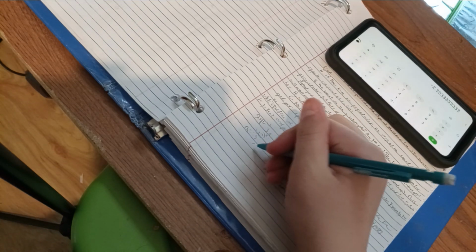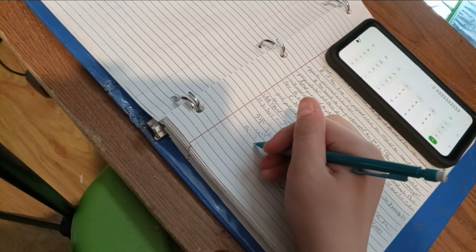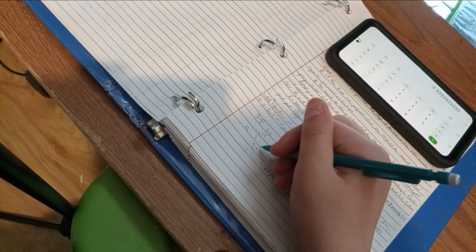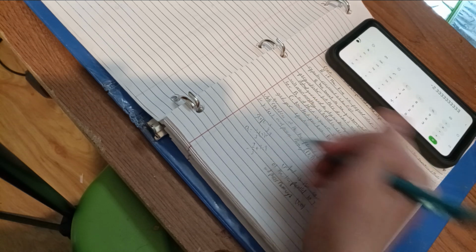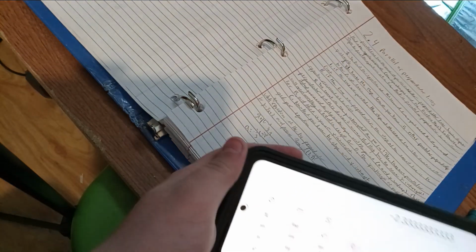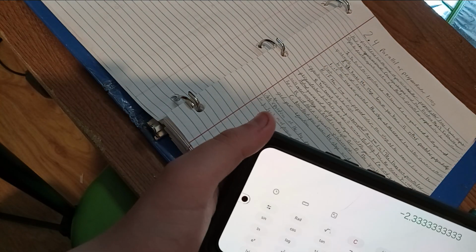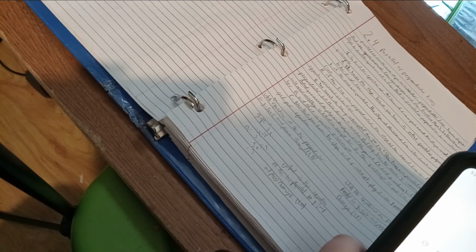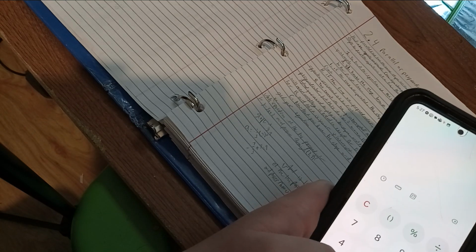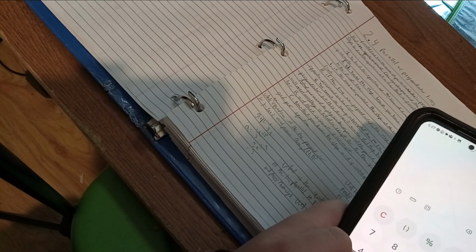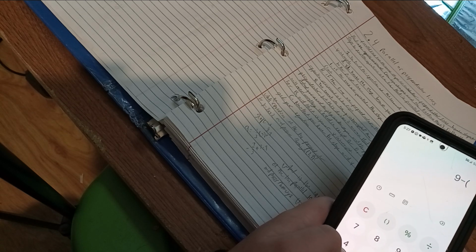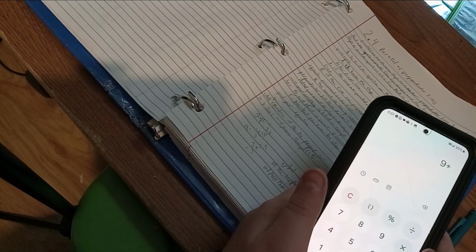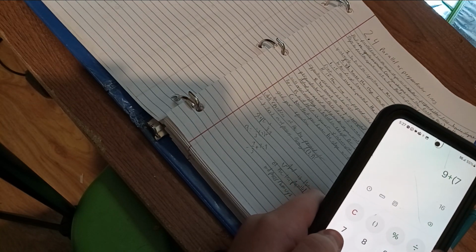So we have negative 7/3 plus what equals 9. So we do 9 minus, actually, it would technically be plus, because it's negative 7 divided by 3.